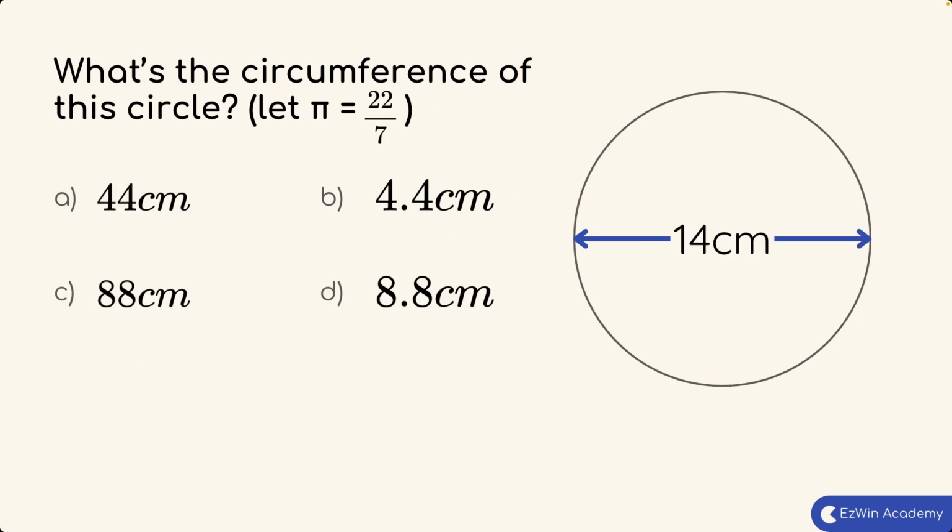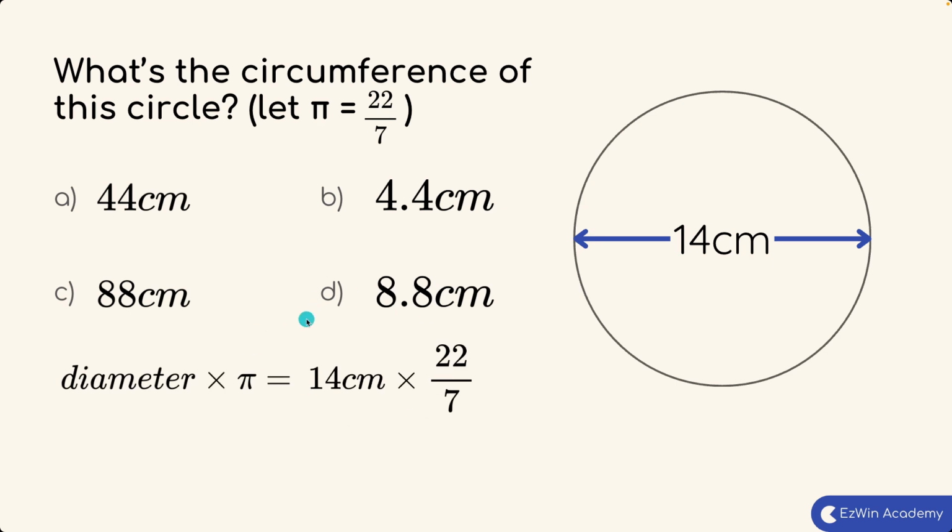Congratulations. Now, since we also know that pi is also 22 over 7, what will be the answer for this question? What's the circumference of this circle with the diameter 14 centimeters? You can pause this video to do your workings, and once you are done, you can unpause it to see if you got the correct answer. So let's go through the answer. To get the equation for our circumference, since we know the diameter, it's diameter times pi.